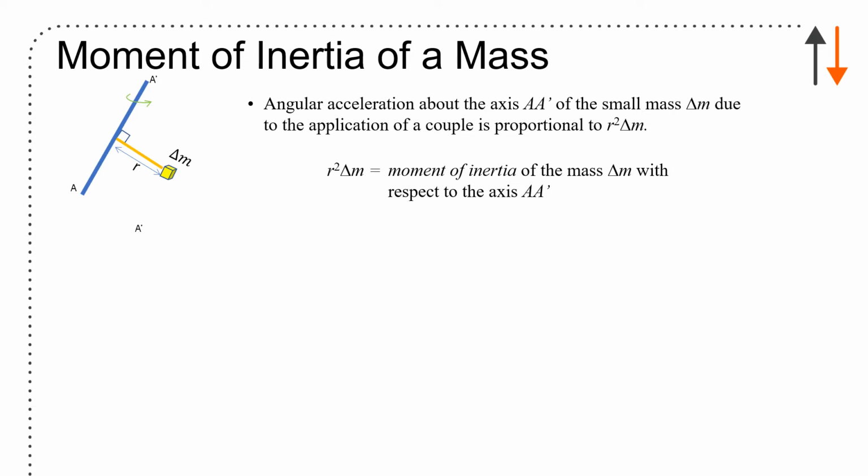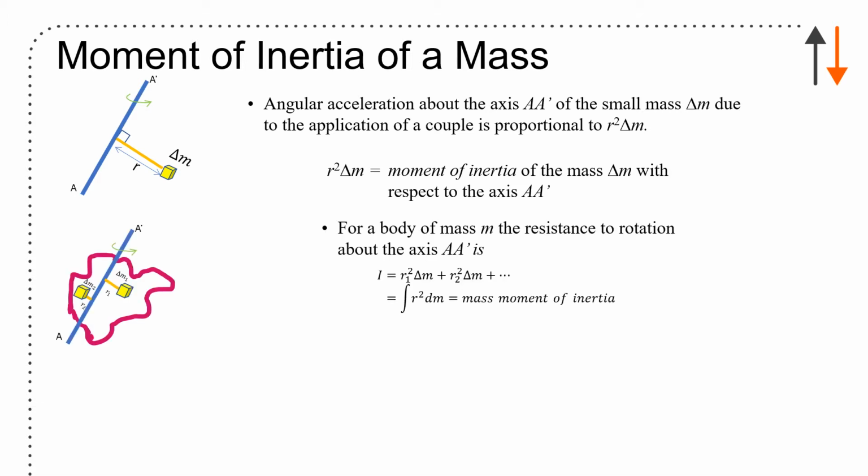And you can kind of see this is going to be related to the radius of gyration. It's as if I put all of the mass a uniform distance away, but it's only for a small elemental mass here. And if I have a body, then I can add up each of those individual masses. So I have r1 delta m1, I have r2 delta m2, and I create this summation over the entire body and then integrate it, which is an addition process, r squared dm, and I get the mass moment of inertia.